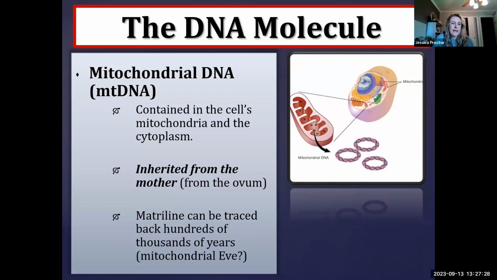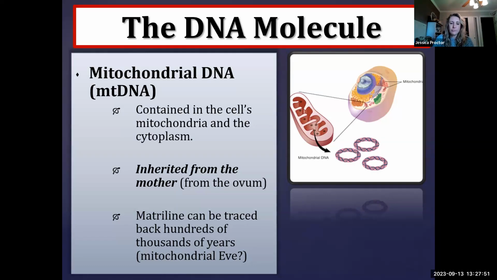Mitochondrial DNA is contained within the mitochondria of a eukaryotic cell, and it's inherited exclusively from the mother. So when you're reading a DNA study, if they're talking about mitochondrial DNA, they're likely interested in the matriline. They're interested in tracing that organism's maternal lineage, from mother to grandmother to great-grandmother, and so on.